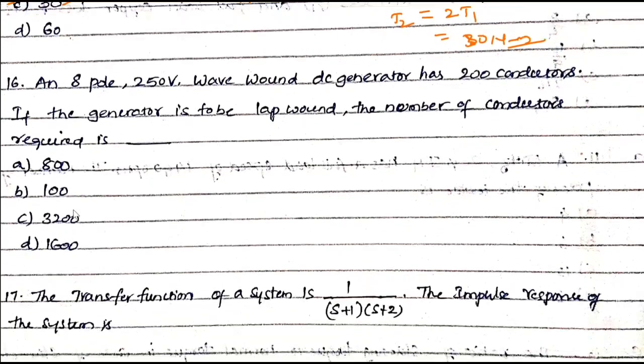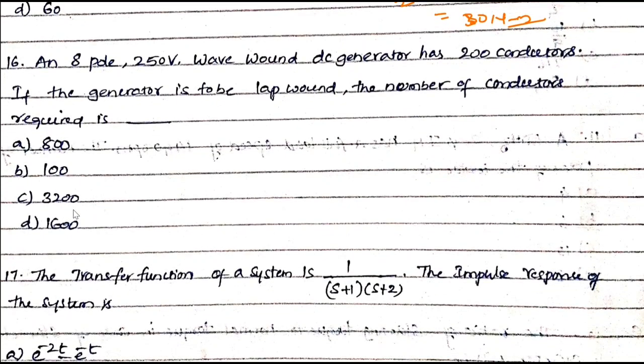Next one, an 8 pole 250 volts wave wound DC generator has 200 conductors. If the generator is to be lap wound, the number of conductors required here is? The options are 800, 100, 3200, 1600.